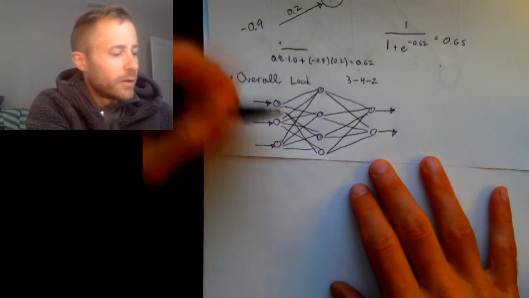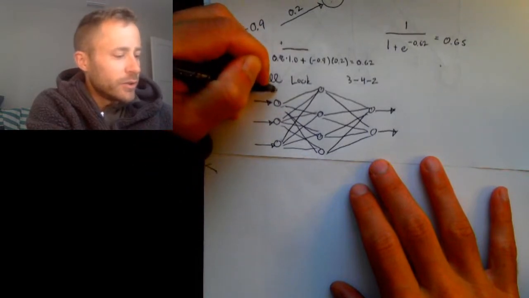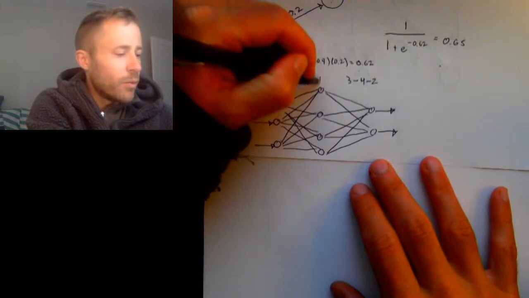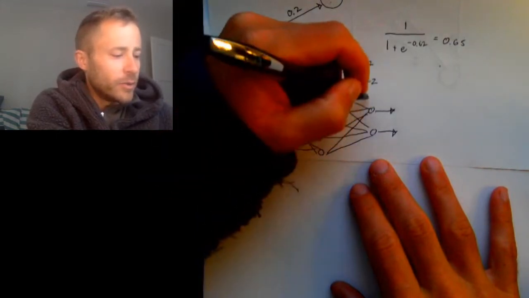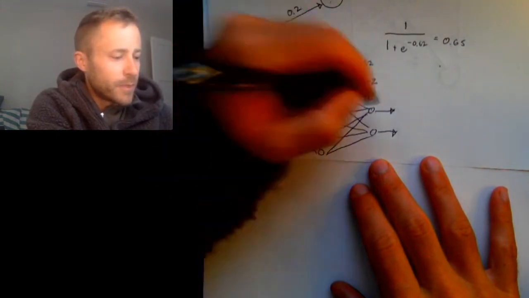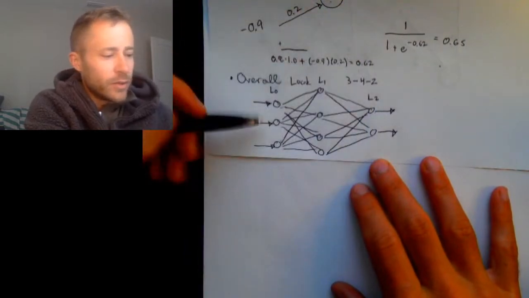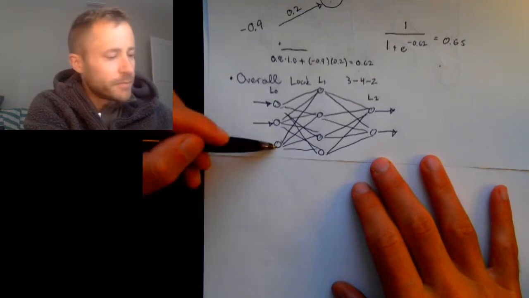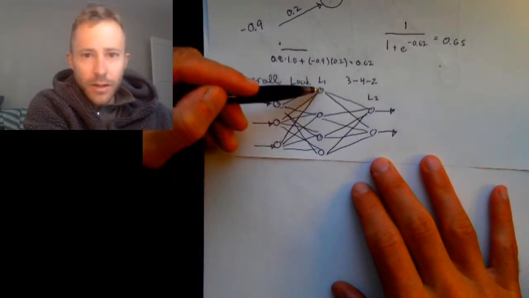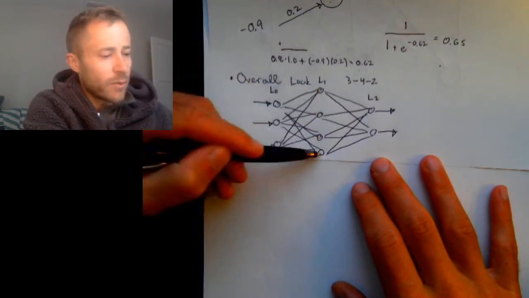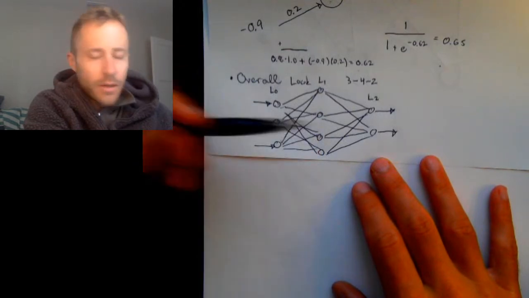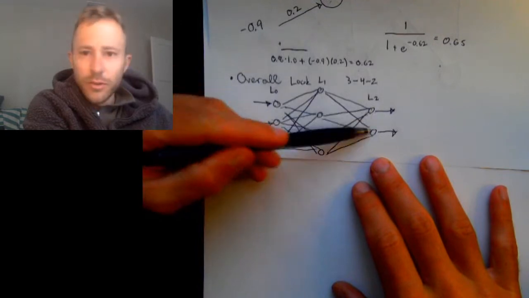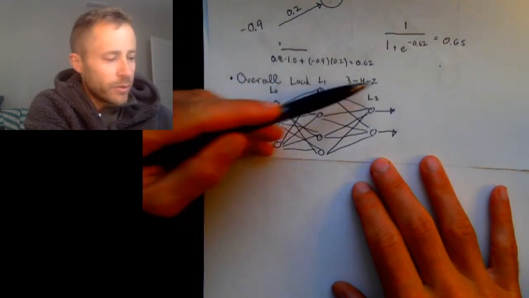So this would be layer 0, this would be layer 1, and this would be layer 2. Layer 0 has 3 neurons in it. Layer 1 has 1, 2, 3, 4 neurons in it. And layer 2 has 1, 2 neurons in it. So that's why it's 3, 4, 2.